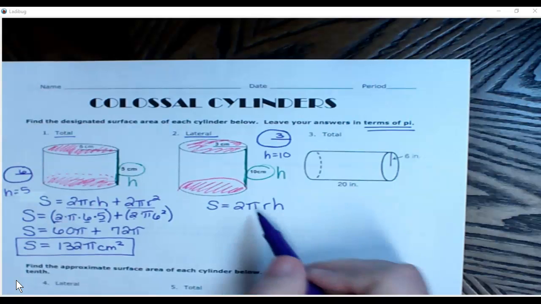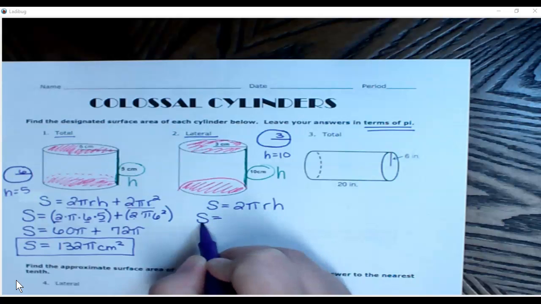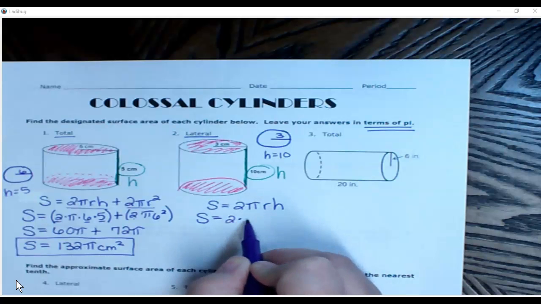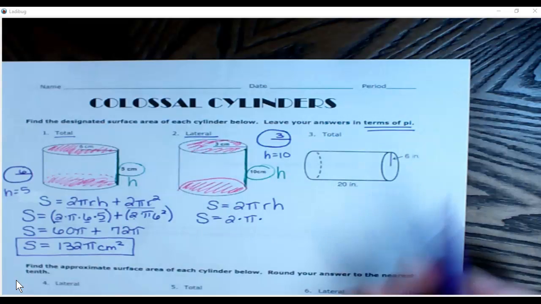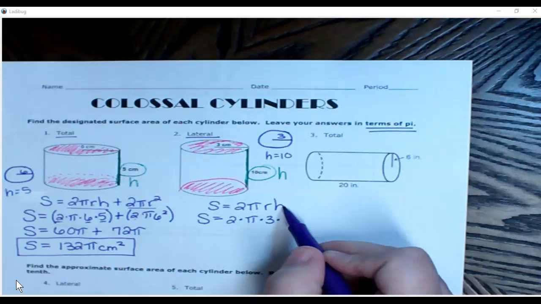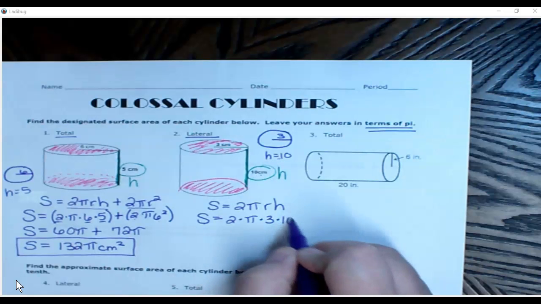I'm just going to substitute and solve. I don't know the surface area, so that variable stays. 2 times pi times the radius. Well, what is the radius in this problem? Yes, it is 3. So times 3 times the height of our cylinder, which is 10. We also labeled it here. So times 10.